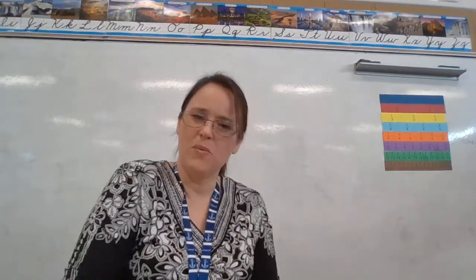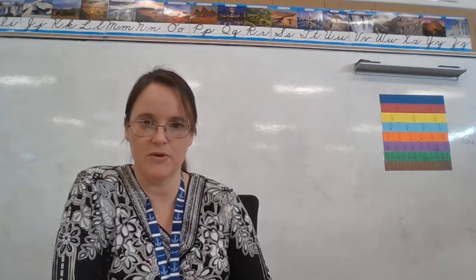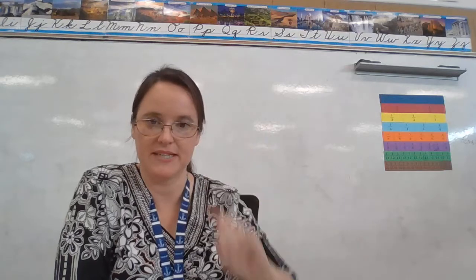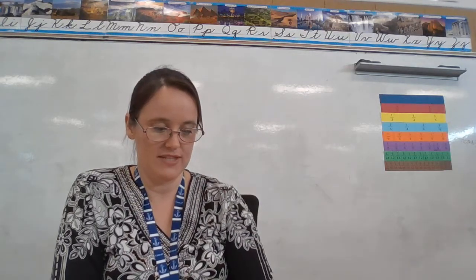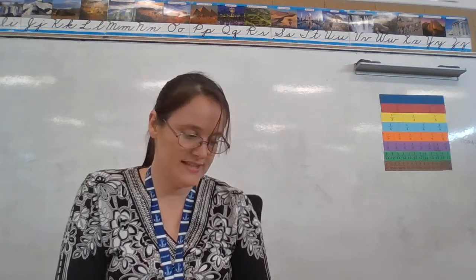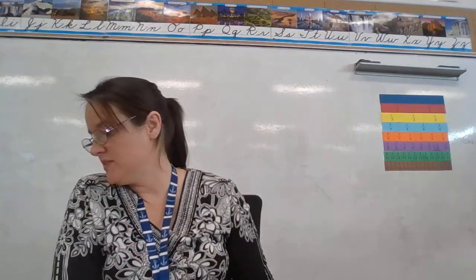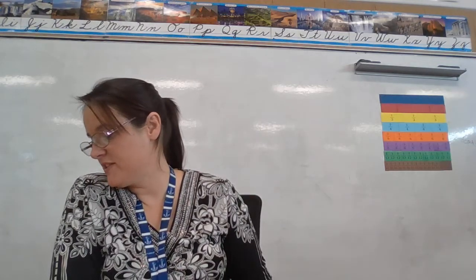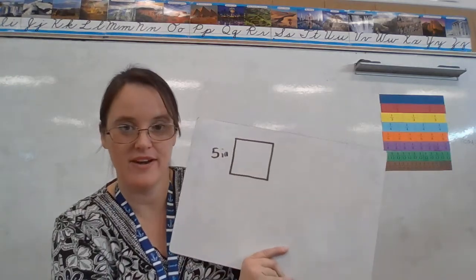All right, what shape can we think of where we might use exponents when we're multiplying a number times itself? Well, our next example shows us a square, and it says one side of the square is 5 inches. Use the formula for the area of a square to find the area of this square.